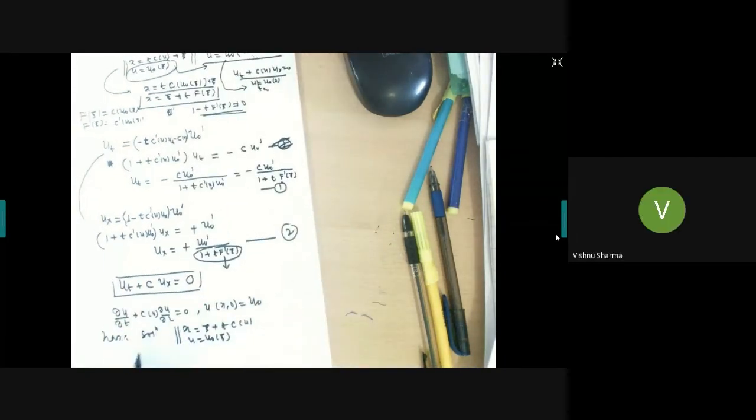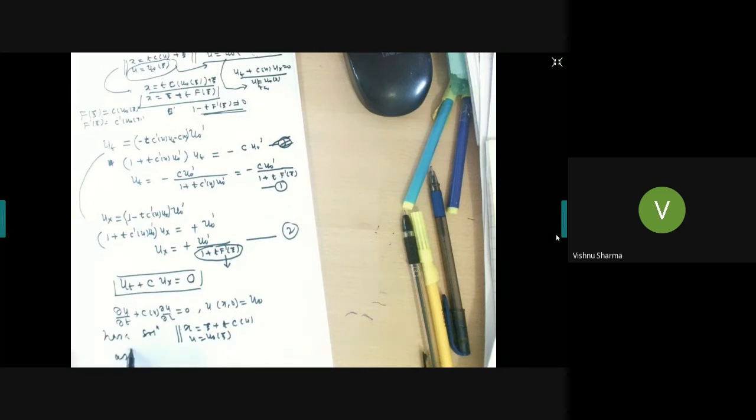It has an analytical solution as long as 1 plus t f dash xi is not equal to 0, where f xi is, what is the expression for this?